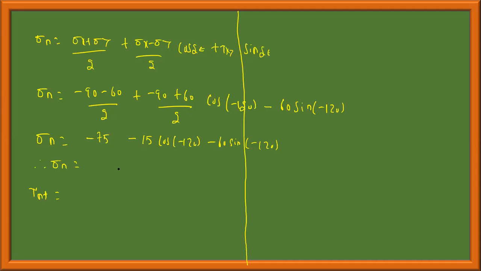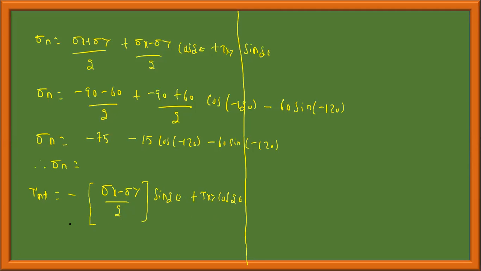Tau nt is equal to minus of sigma x minus sigma y by 2 sin 2 theta plus tau xy cos 2 theta.